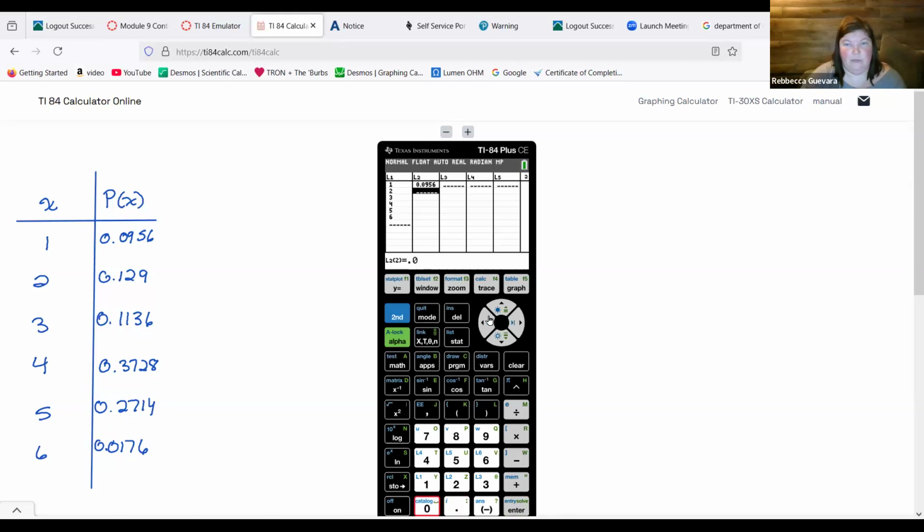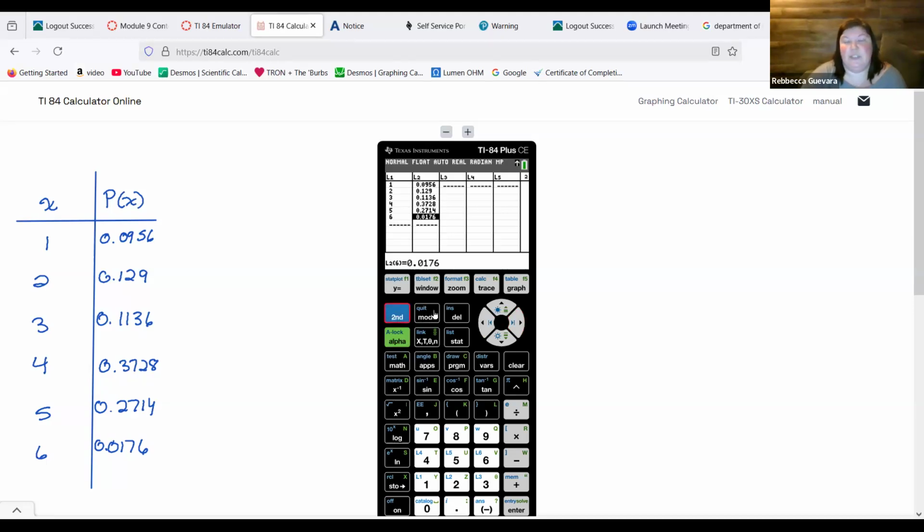Oops, well, go back one, cover that up. Then we have 0.1136, 0.3728, 0.2714, and 0.0176. Okay, make sure it's lined up at the bottom so we didn't make a mistake.